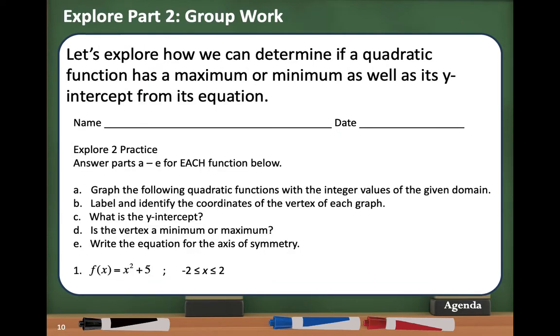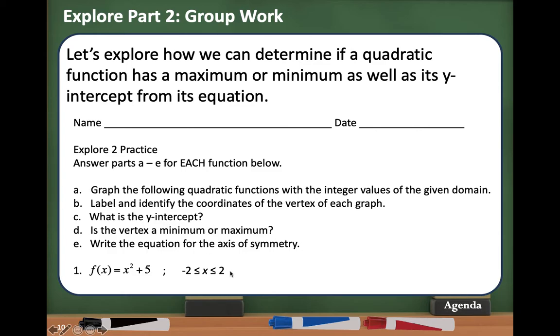Okay? So I wanted you to explore it. Again, our goal is how can we determine if a quadratic function has a maximum or minimum? And I threw it in there as well: can you know its y-intercept from the equation? Okay, so it's a double part. I'm going to have you graph 4 functions, which if you have the worksheet, that's what it is. Make a table for each, graph each, and then identify the key features, right?